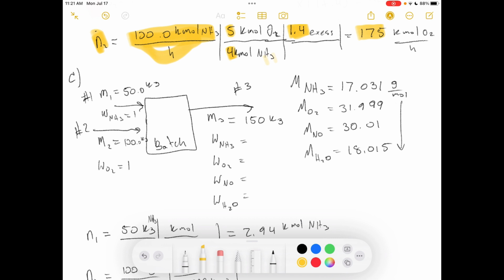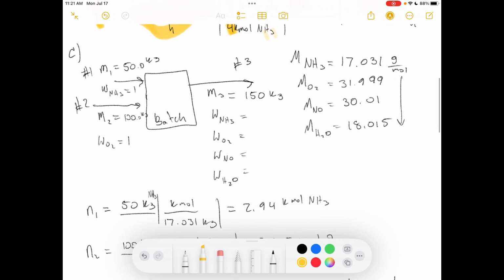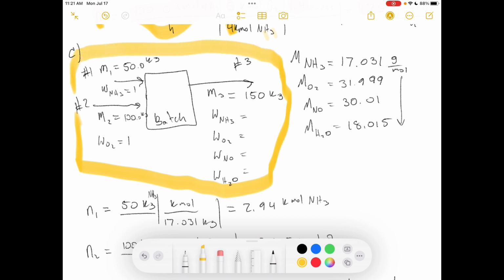So there's quite a few things in this one. Basically, this is how you would set up what that would look like in a flow diagram. Stream 1 has the ammonia in it, stream 2 has the oxygen in it.